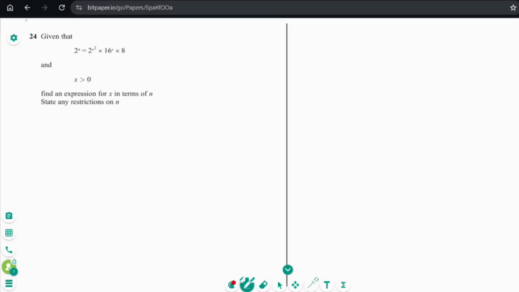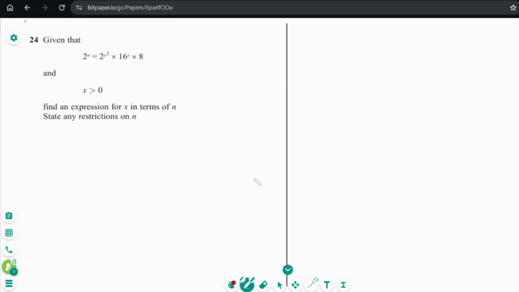Okay, last question. Find an expression for x in terms of n. Our base is going to be 2 for this. So 2 to the power n, 2 to the power x squared. 16 is 2 to the power 4 to the power x.